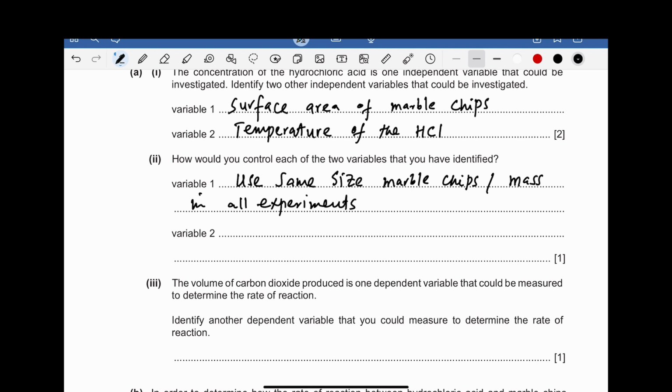For temperature, maintain a constant temperature using a water bath.